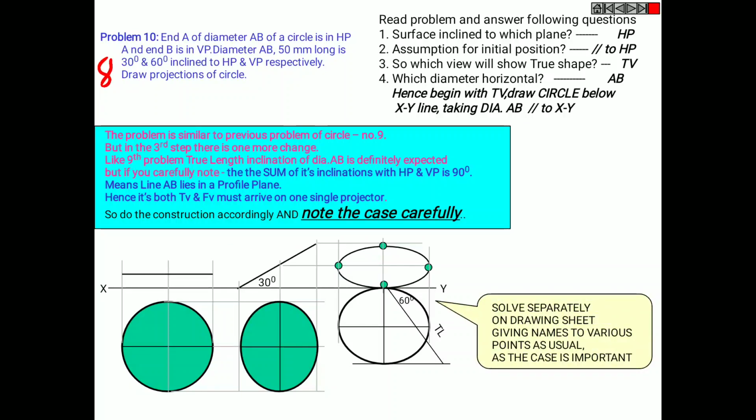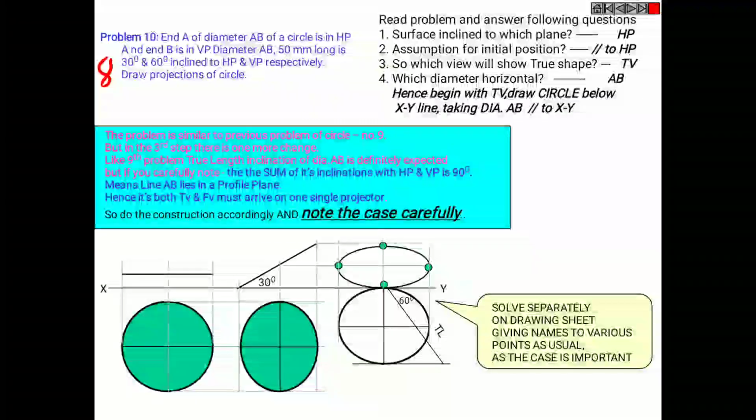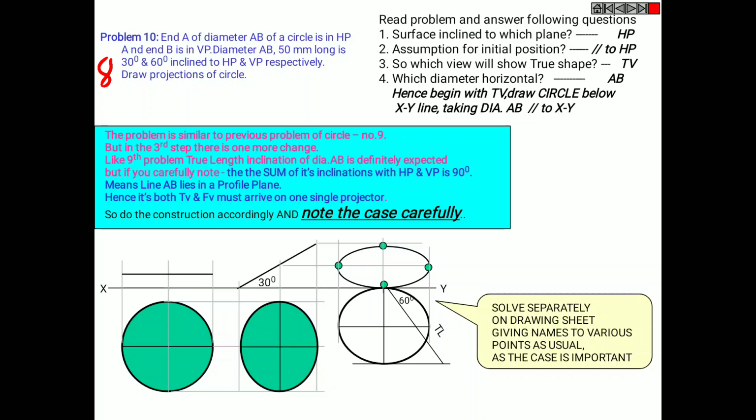So solve separately on the drawing sheet, giving names to various points as usual, as the case is important. So this is your problem number 8.